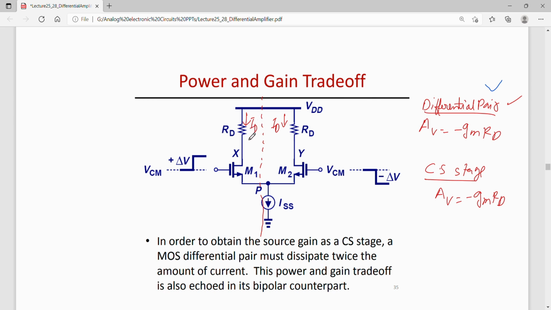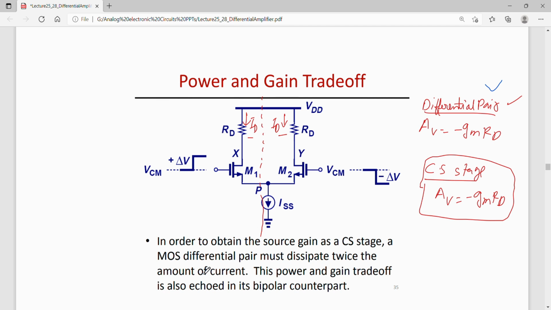M1 draws a drain current ID and M2 also draws a drain current ID. However, in a common source stage, only one drain current is drawn. So obviously this differential pair would dissipate twice the power in comparison to a common source stage or this half circuit.